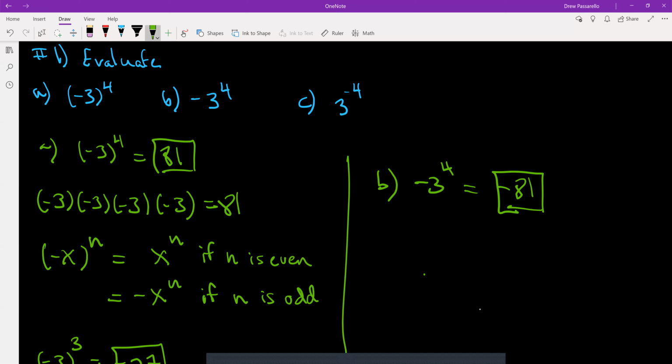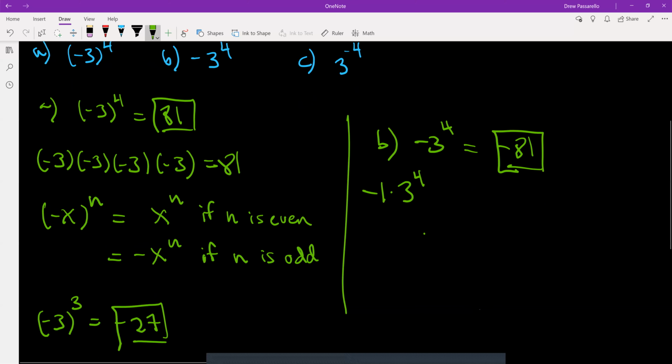And that's because you can write this as -1 times 3 to the 4th power. 3 to the 4th power is 81. So this would be like -1 times 81, which would be -81. I'm not expecting to see all these steps, but that's the logic for why it's negative when you don't have the parentheses. All right, so anytime I just have -x to the n, keep the negative sign.